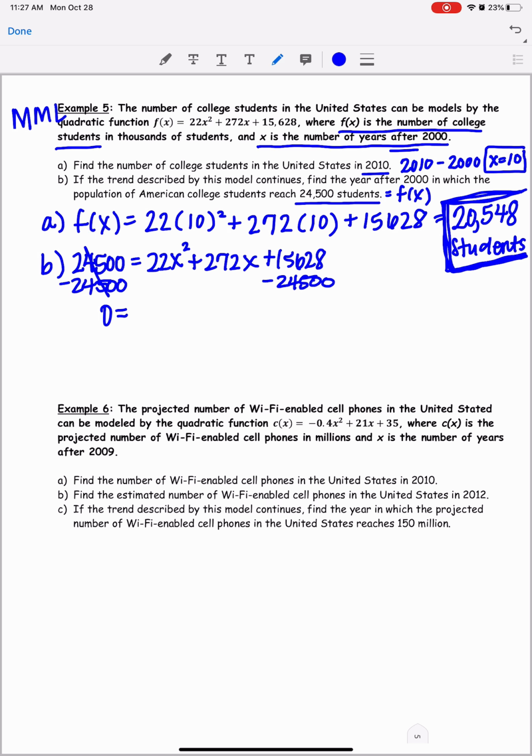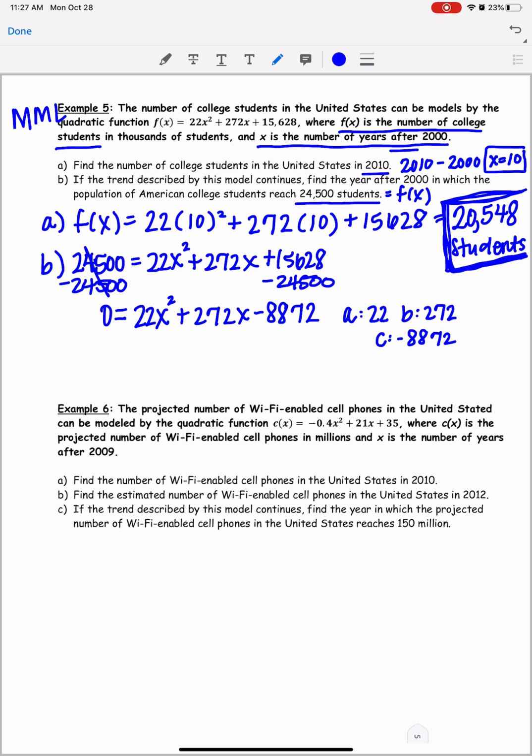We've got 0 equals 22x squared plus 272x minus 8,872. So now my A is 22, my B is 272, and my C is negative 8,872.